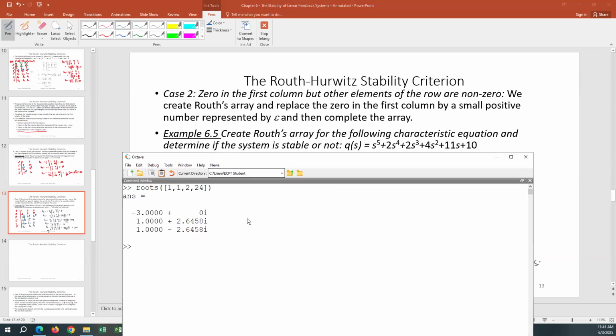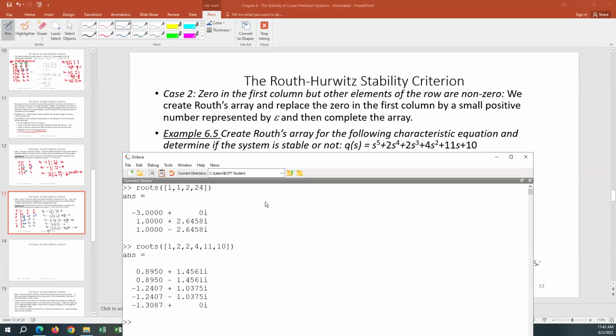So let's go ahead and see the roots. S5, 2S4, 2S cubed, 4S squared, 11S, and 10.